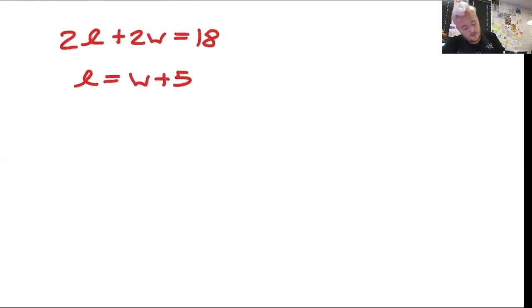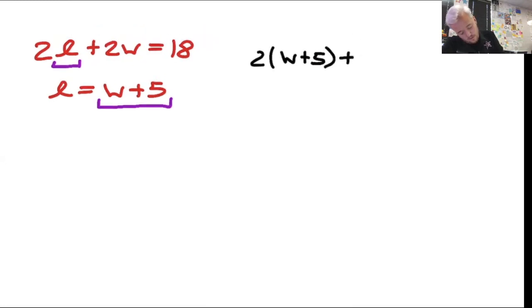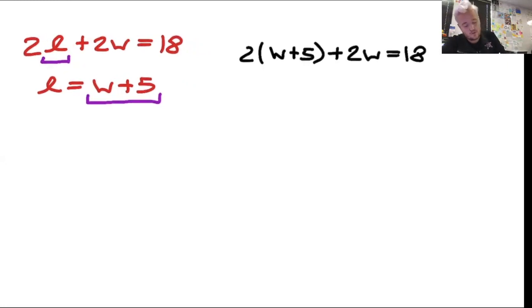So what I'm going to do is I'm going to take my W plus 5, and I'm going to sub it in for L. So I'm going to have 2 parentheses, W plus 5, plus 2W equals 18. Now I'm going to distribute.